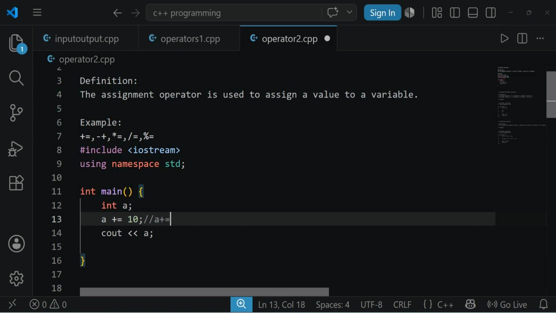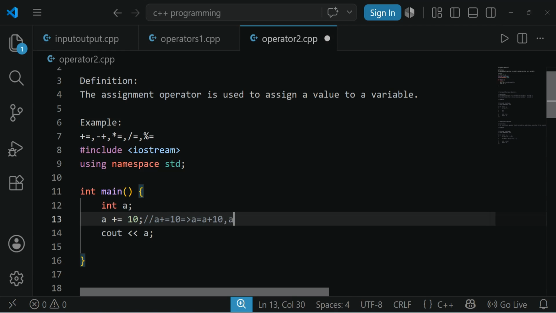A plus equals to 10 actually functions like this: the variable A is there, and beside that A we have written plus equals to. It will act as A is equals to A plus 10. The value is added to the same variable and stored in that same variable only. Okay, for that purpose it is being used.